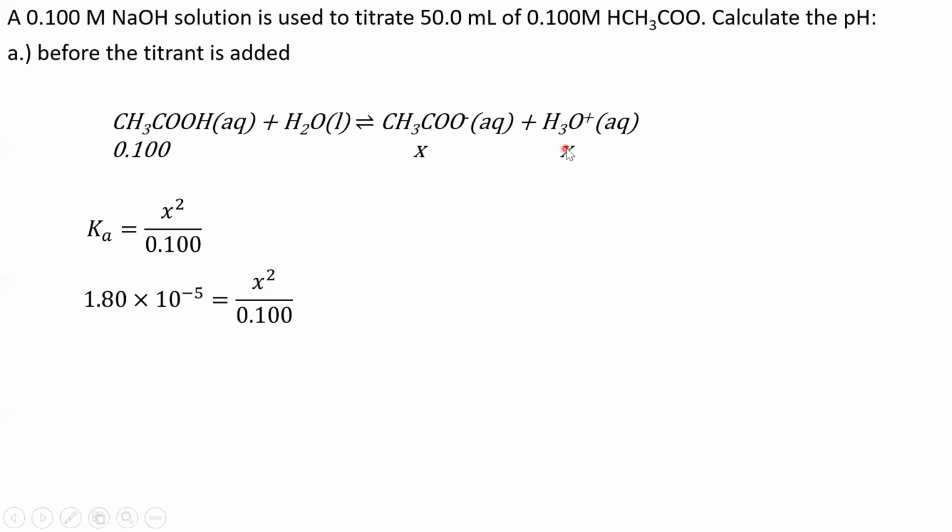When you solve for x, x is the hydronium ion. Once you know the hydronium ion, you can calculate the pH before we start our titration. So I'll give you a minute or two. Let's see if you can go through, calculate x, and since x is hydronium ion, calculate the pH of the solution.